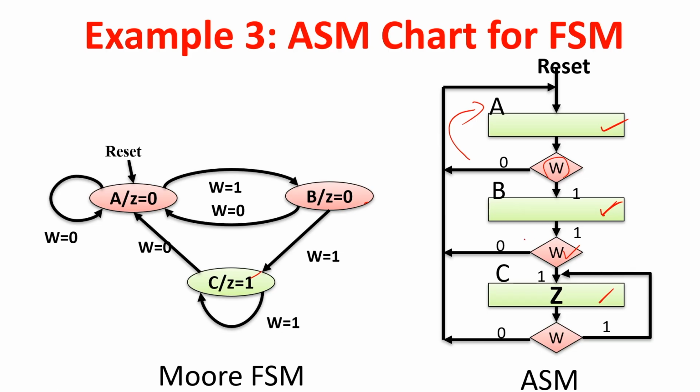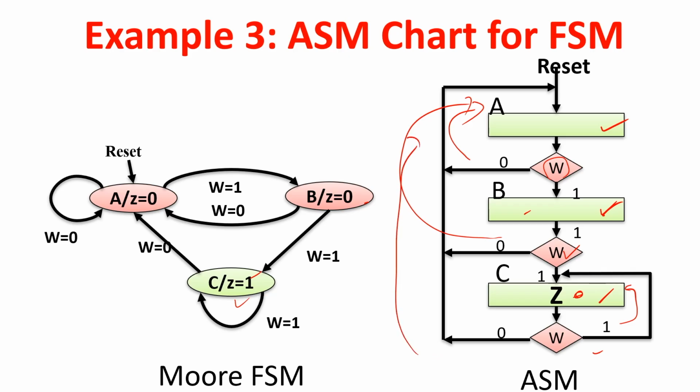In state B getting a 0, you go back to state A. In state C, if you get a 1, you continue to be in state C. If you get a 0, you go to state A.